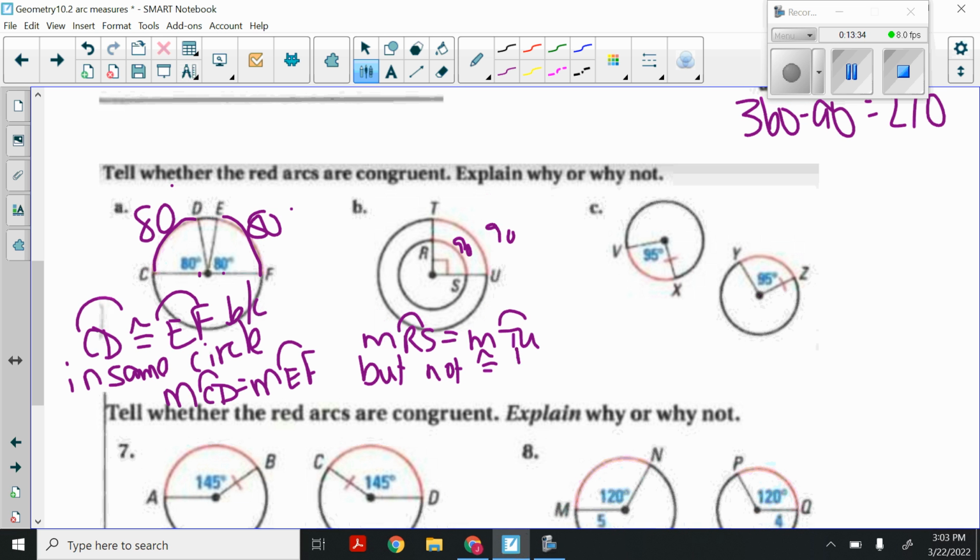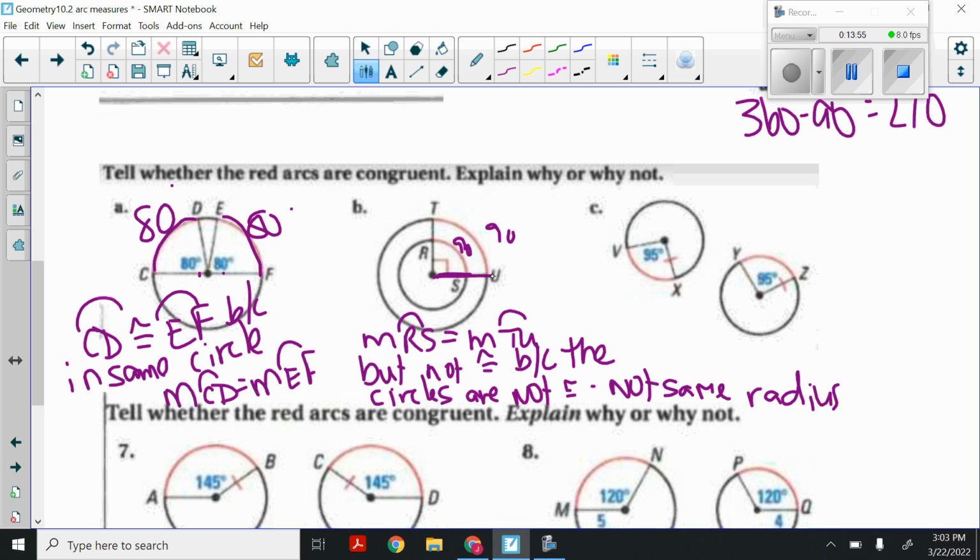So they are not congruent because the circles are not congruent. They don't have the same radius, right? Remember that for our circles to be congruent, they have to have the same radius. So the small circle, this is my radius. The big circle, this is my radius. So obviously the circles are not congruent. If the circles are not congruent, then the arcs cannot be congruent. So they're not congruent.